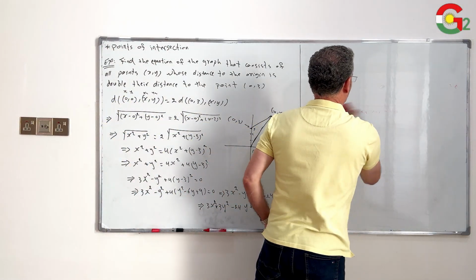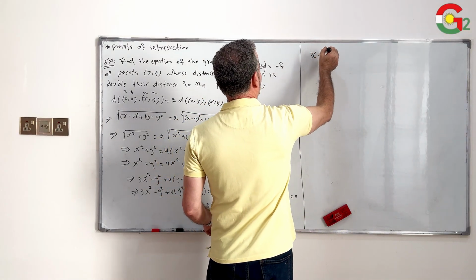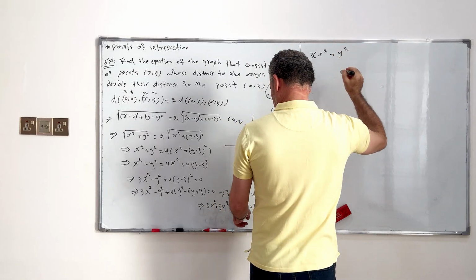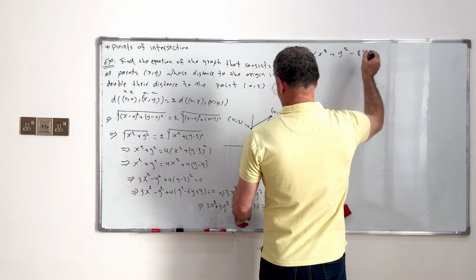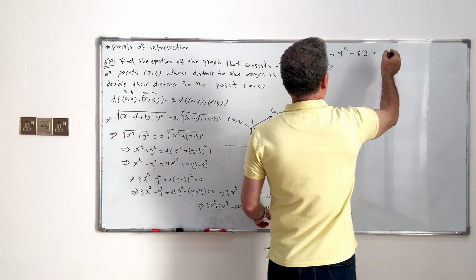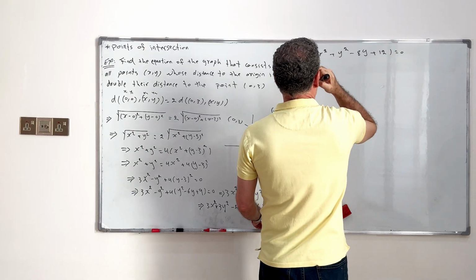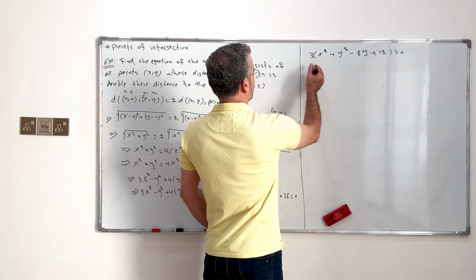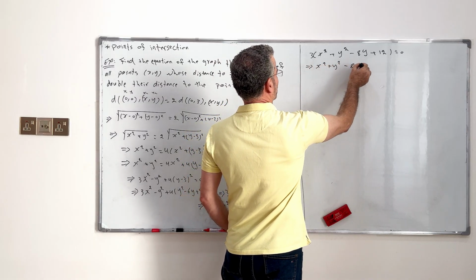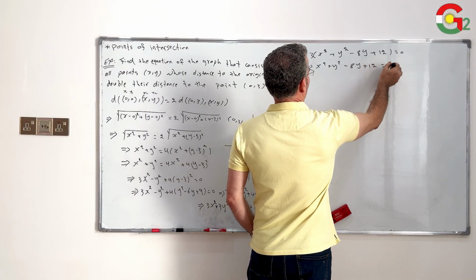Let me complete here: x squared plus y squared minus 8y plus 12 equals 0. Divide both sides by 3, then x to the power 2 plus y to the power 2 minus 8y plus 12 equals 0.